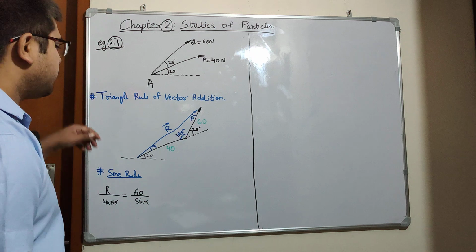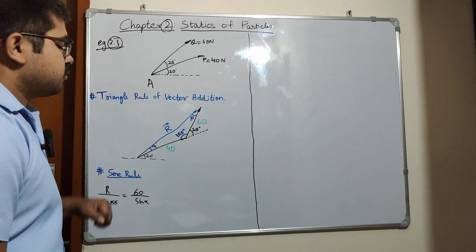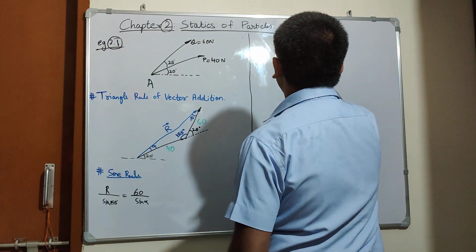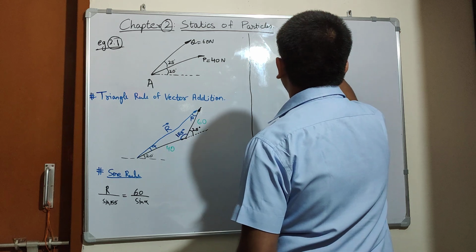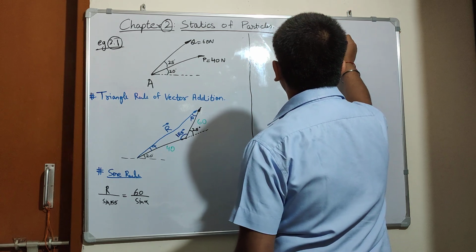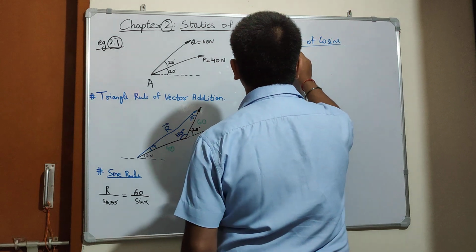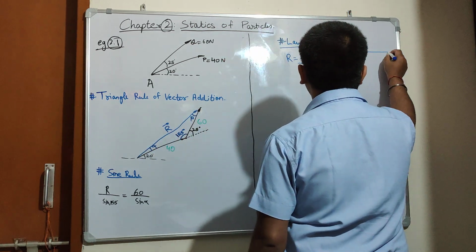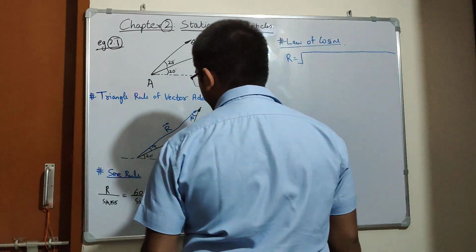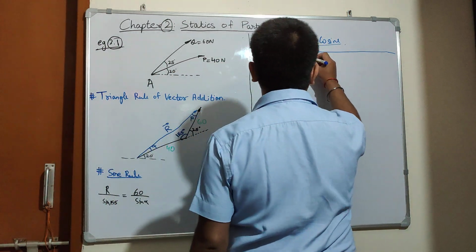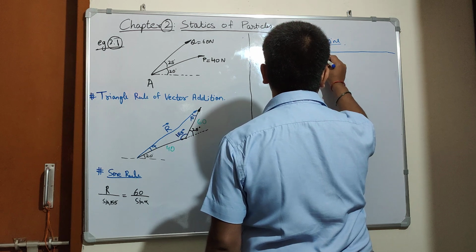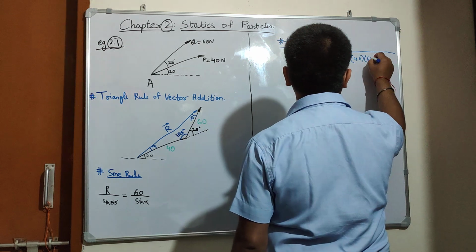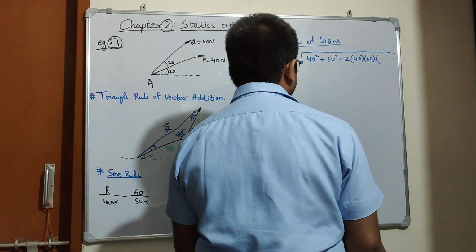So R we can calculate by law of cosine. R is equal to, by law of cosine, square root of 40 square plus 60 square minus 2 into 40 into 60 into cosine of the included angle.